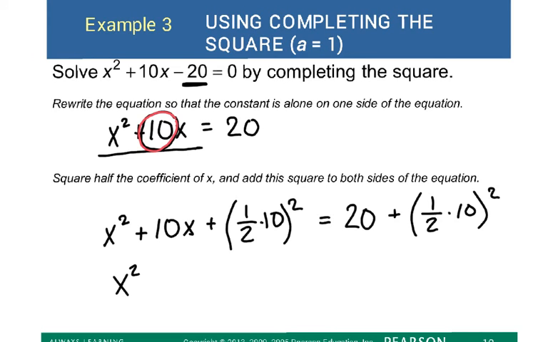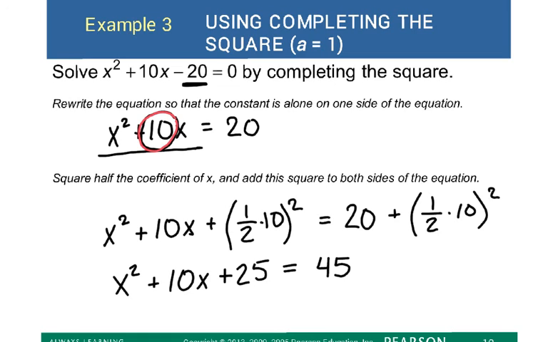Let's rewrite that. So this is 25 on the right side of the equation also. So 20 plus 25, we have 45.